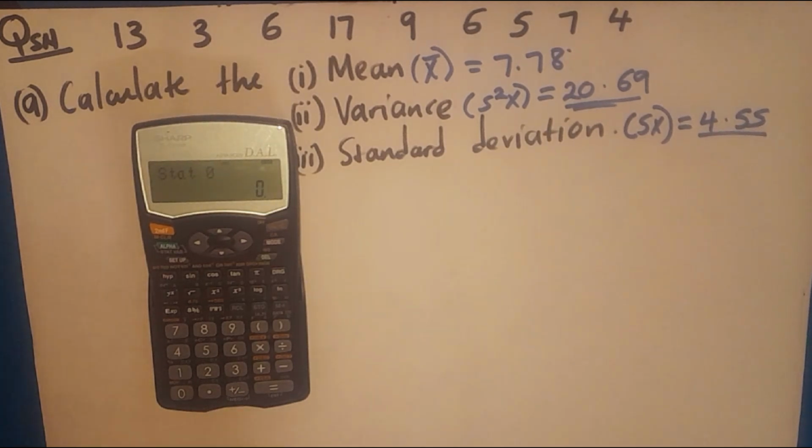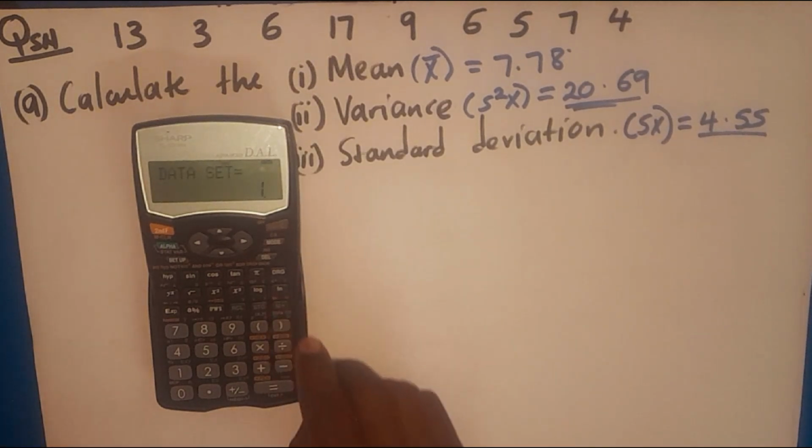We're going to feed it like this. We say 13, and then m plus, 3 m plus, 6 m plus, 17 m plus, 9 m plus, 6 m plus, 5 m plus, 7 m plus, 4 m plus.